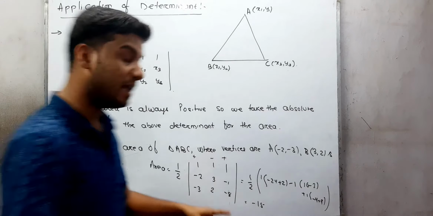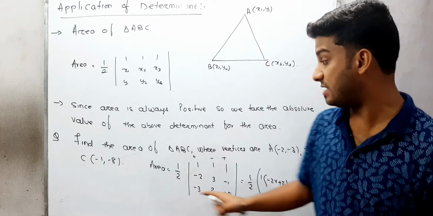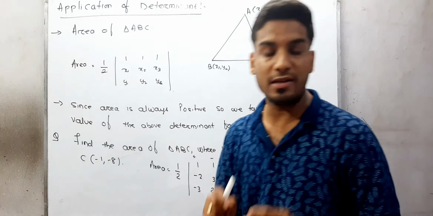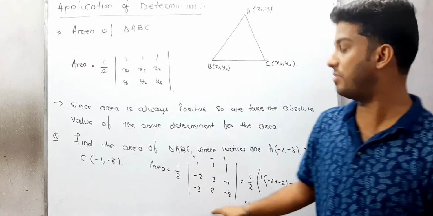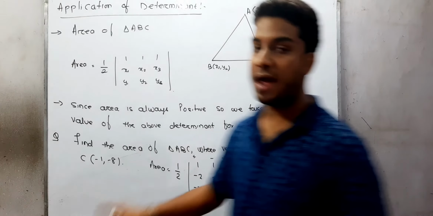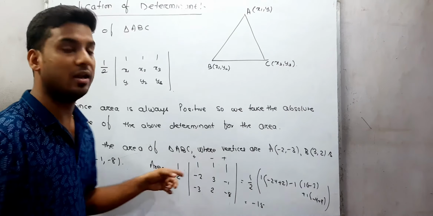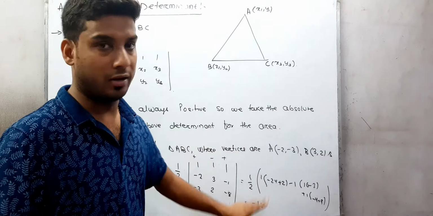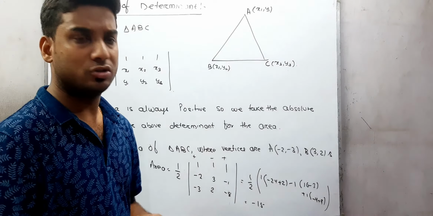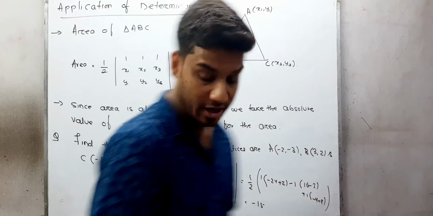As I got the determinant value -15, and area is always positive, I will take the positive of this. So the area of the triangle ABC is 15. Next, moving ahead.